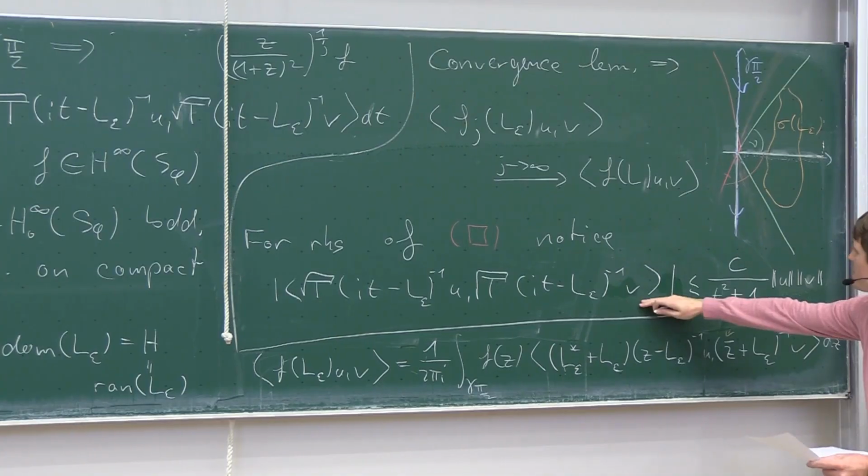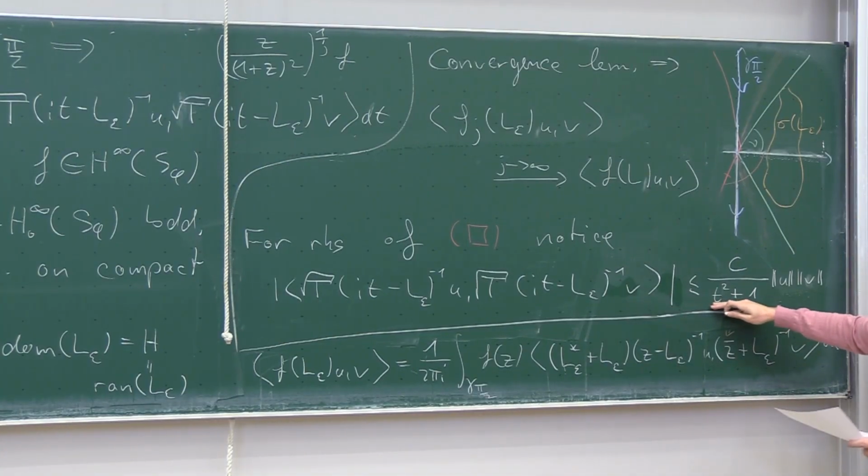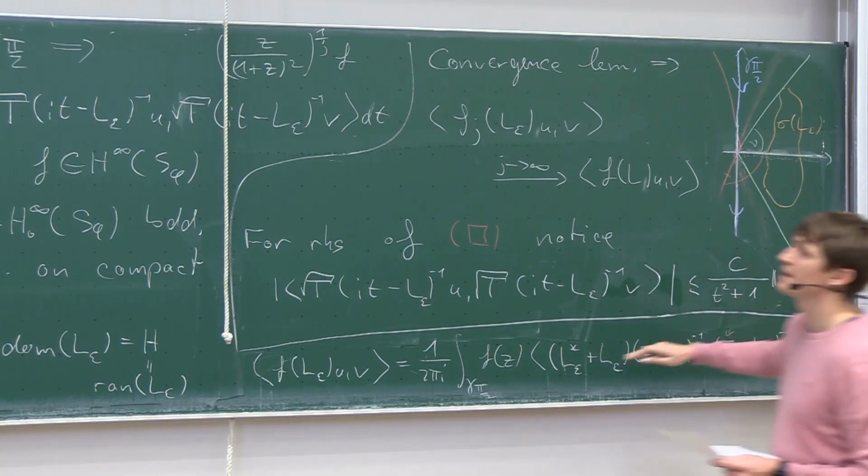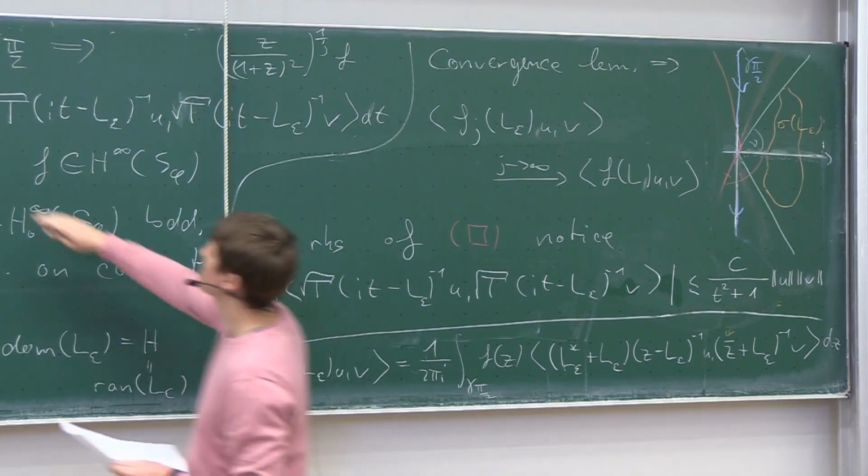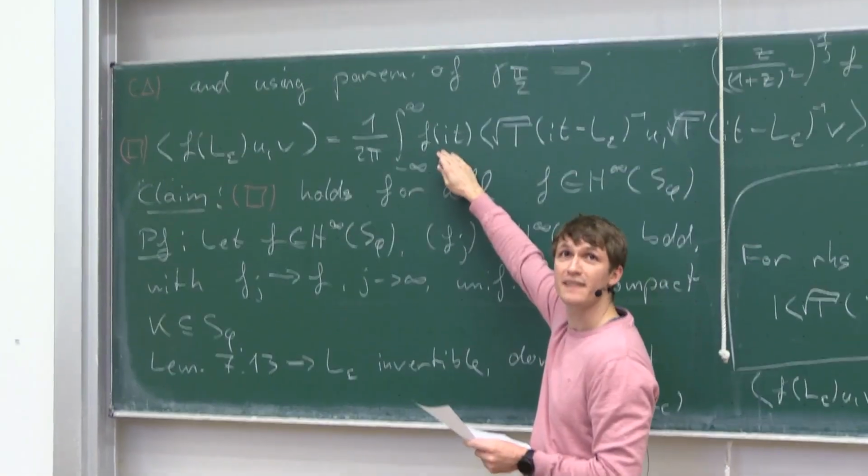So we can control this by some integrable function, and then we don't need integrability of these f_j's anymore.